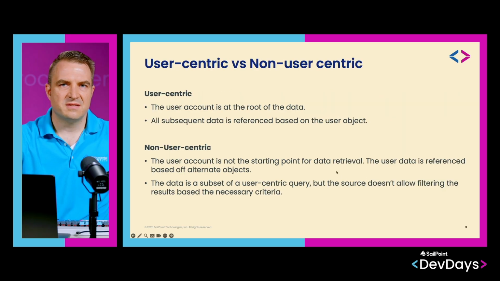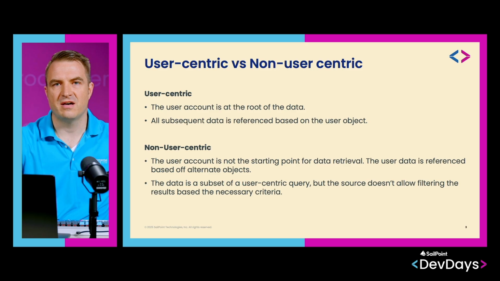So let's define a little bit about the differences between what we mean with user-centric and non-user-centric. User-centric is going to have the user as the base of the calls, and you'll build out the details of the user account from there. Any subsequent calls to get additional data will use the ID of that initial user to get this data for them.